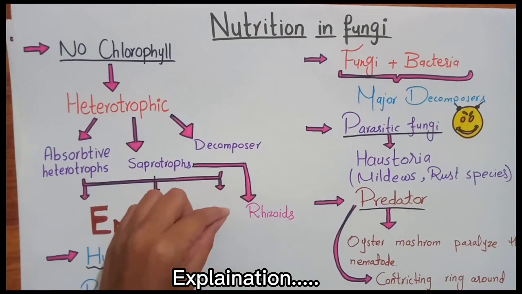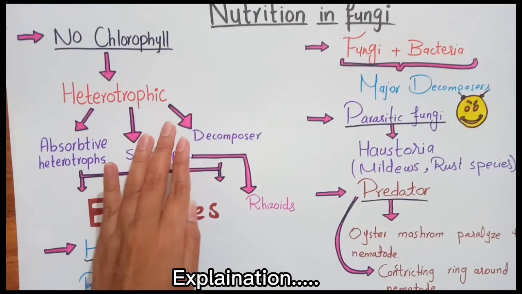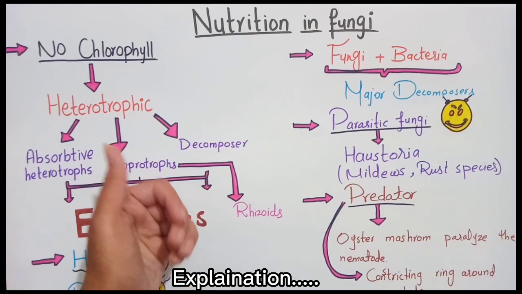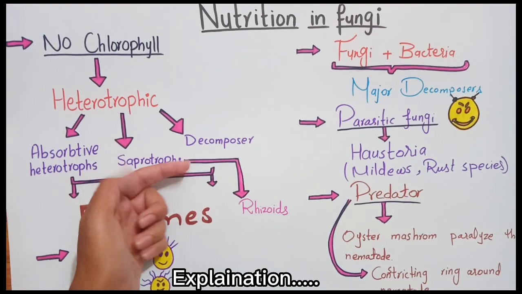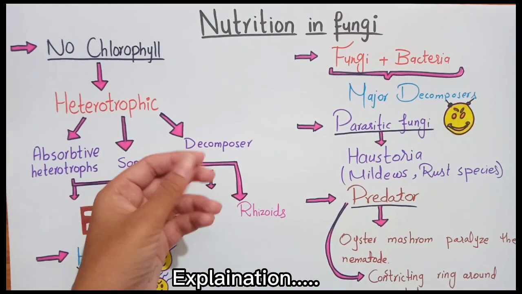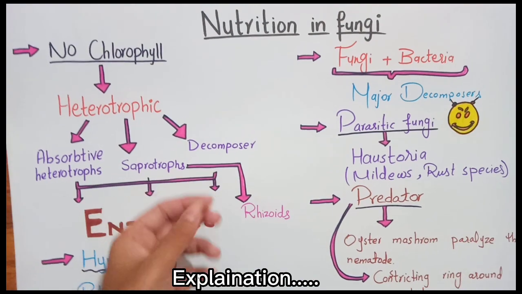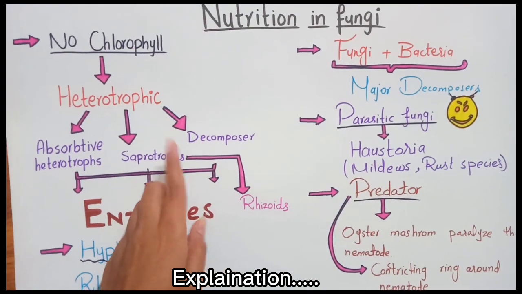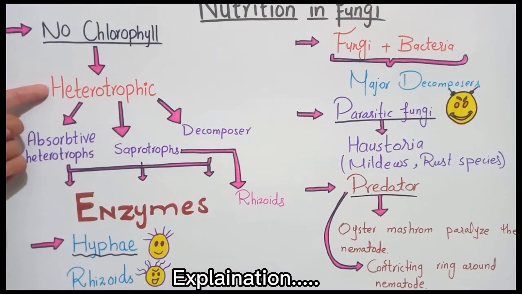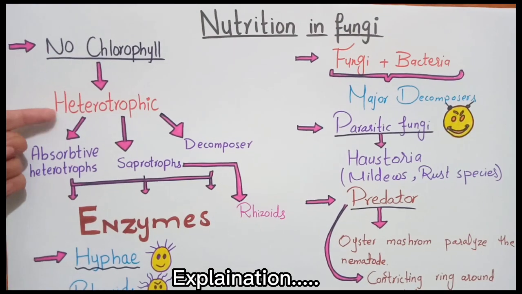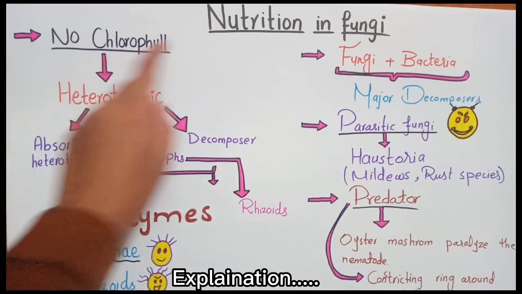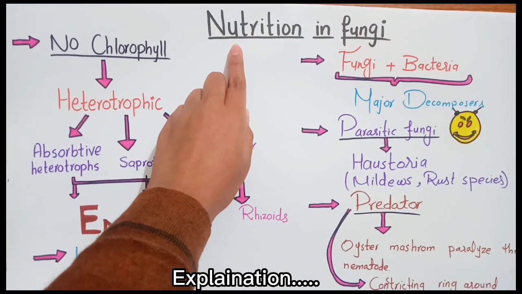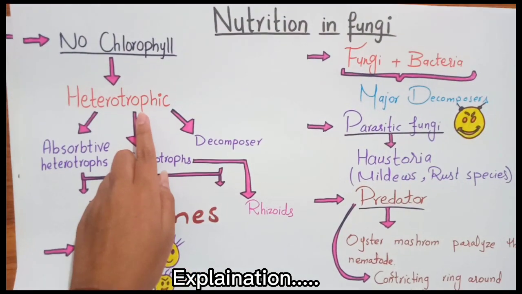If there is no chlorophyll, there is no photosynthesis. If there is no photosynthesis, there will be no food production. So all the organisms that cannot prepare their own food are called heterotrophs. So fungi are heterotrophic organisms. Their mode of nutrition is the heterotrophic type.